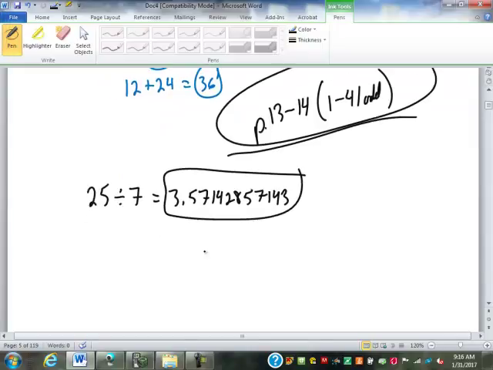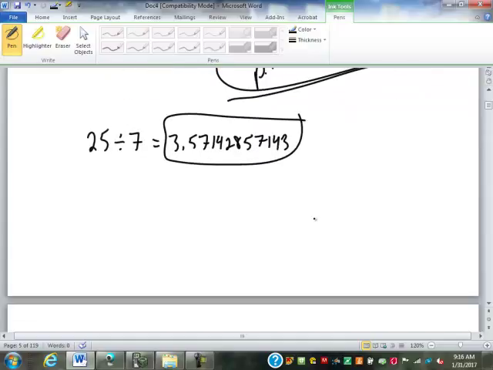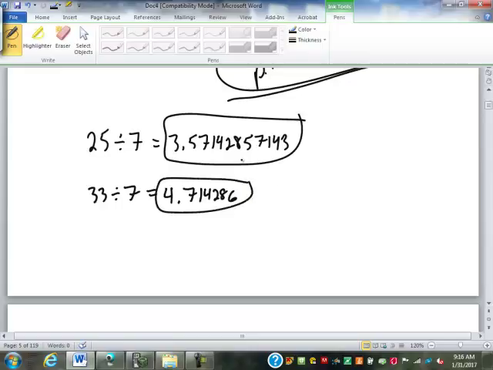Give me another number between 20 and 50. 33. 33 divided by 7 is going to be 4.714286 approximately. I can keep going, but we'll stop there. Like I said, it's about patterns. Once you start seeing the patterns, the calculations are really simple.